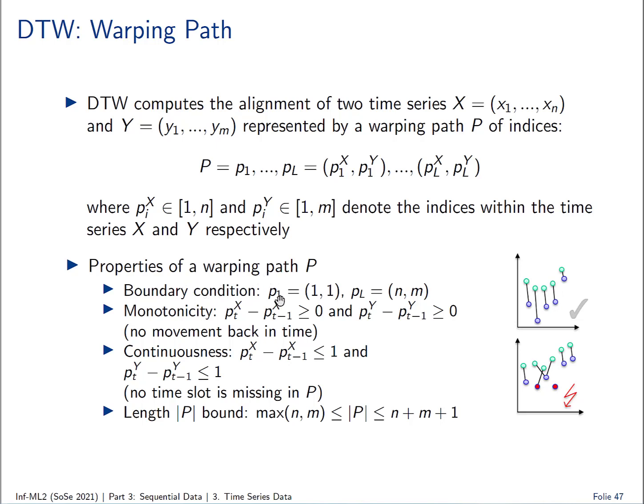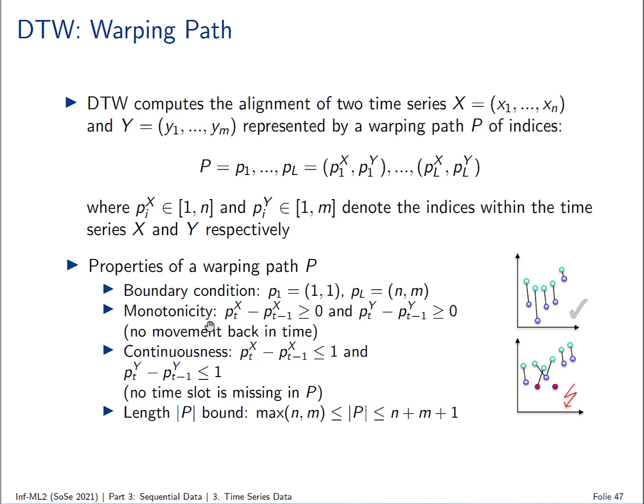So first of all, the boundary condition says that the first entry of this warping path is the entry 1, 1, meaning that we at first compare the first element of x and the first element of y. And also the last element is clear, because at the end we have to compare the last element of x and the last element of y. But everything in between is more or less free, first of all. Well, it's not perfectly free, because we have another three conditions here.